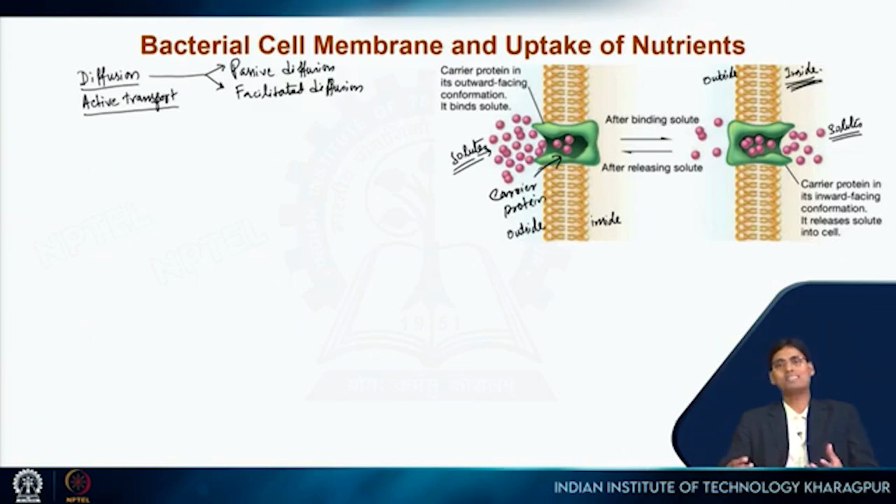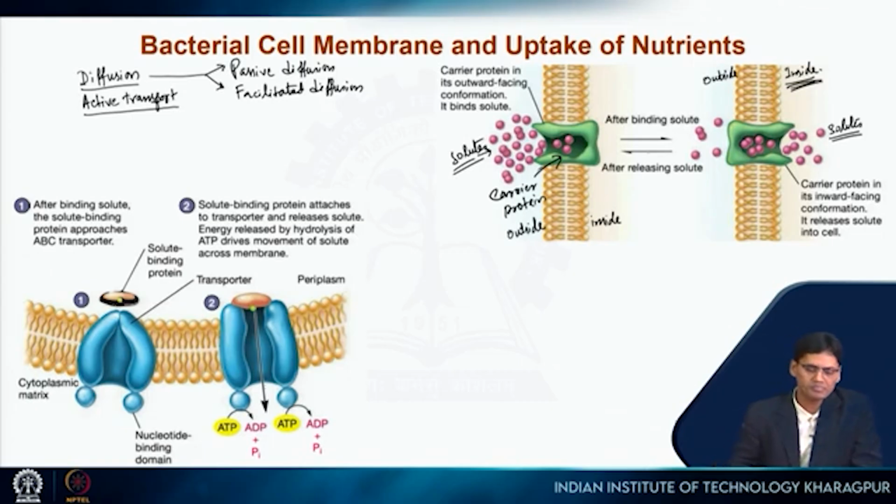If the nutrient amount is low outside, then the cell needs to spend some energy to take up those nutrients from outside to inside. So here I am going to discuss that part also: active transport, where we need to spend some energy.